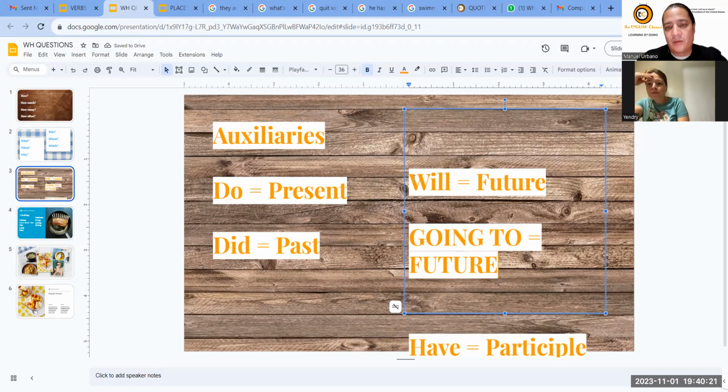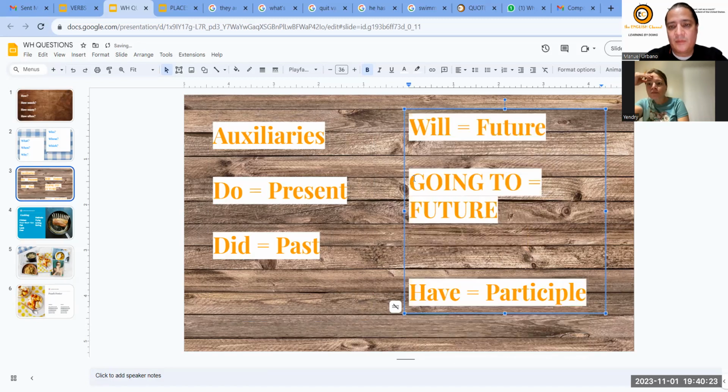Going to is also considered an auxiliary for the future. And then for the participle it is have.